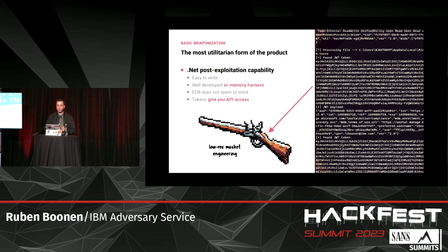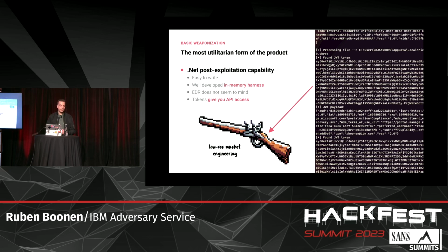One other thing I do is print out the payload of the JWT, because then you can see what service they're for and the permissions. It just makes it easier from an operator perspective. This is easy to write, maybe like 50 lines of code.